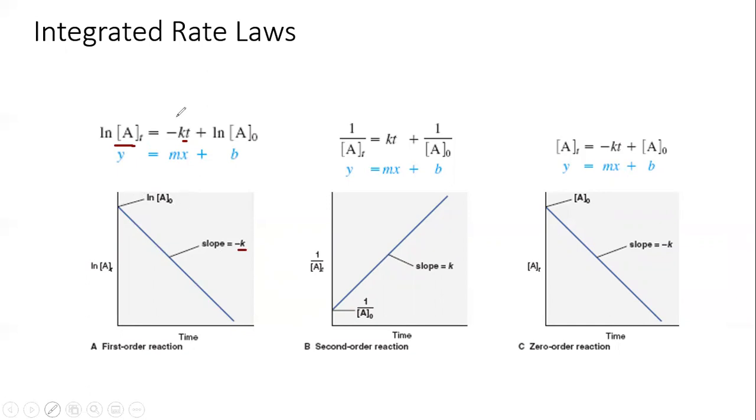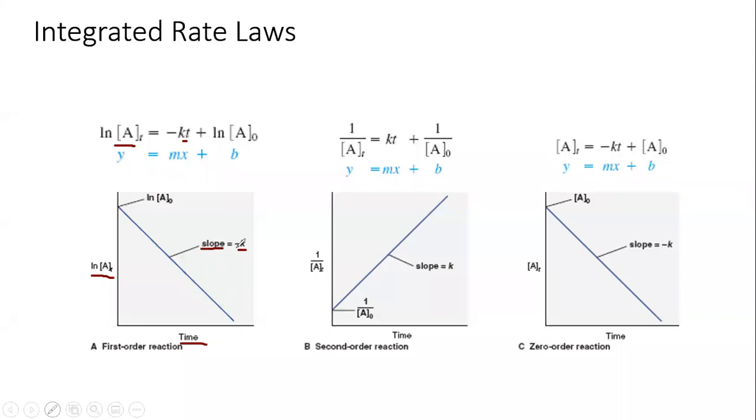So that tells us the rate constant for this reaction. So again, we take the ln of A on the y-axis, time on the x. If we get a linear relationship, that tells us that this reaction is first order, and the slope equals the rate constant.